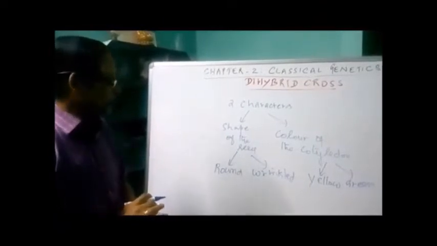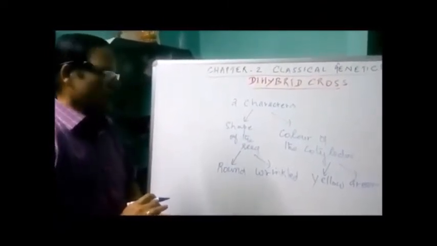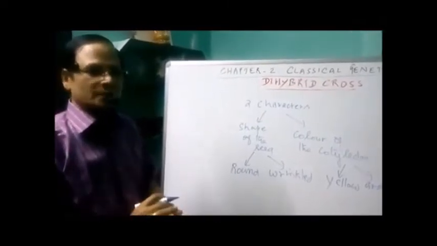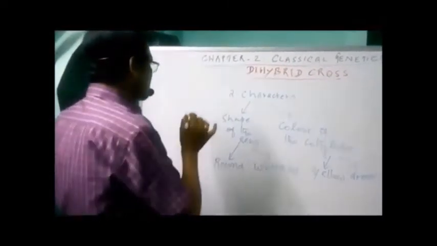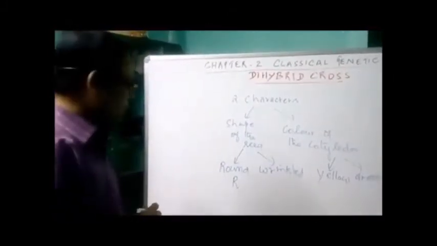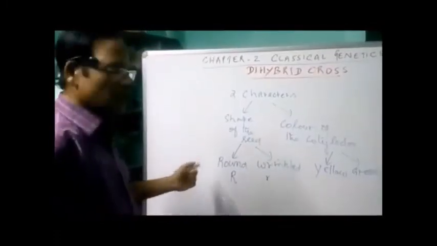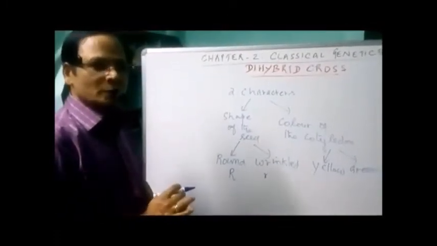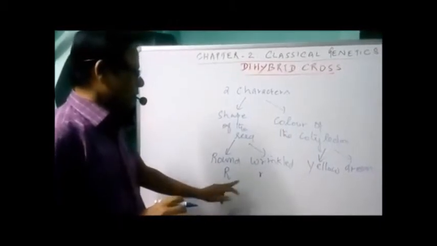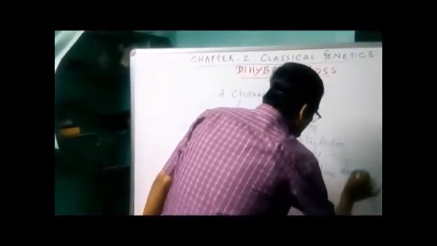That's why I mentioned crosses involving two different pairs of contrasting characters are called dihybrid crosses. It is the inheritance of two separate genes, and each gene has two alleles. We have the R gene, with capital R and small r, and the Y gene.